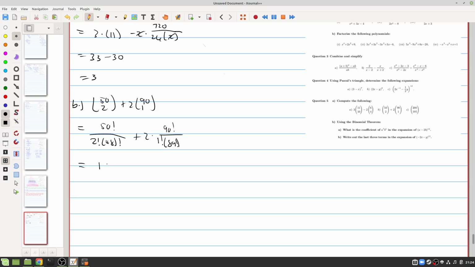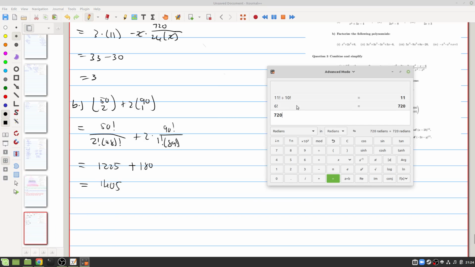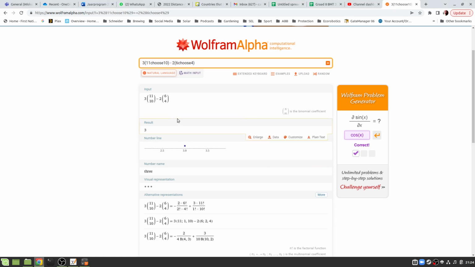Good. 2,450, so 1,225, I think, but I'll check this with the calculator just now. 90 factorial over 89 factorial is 90, so 90 times 2 is 180. So this, I believe, gives us 1,405. Okay, let's quickly check if it's correct, otherwise we'll do the steps on the calculator.